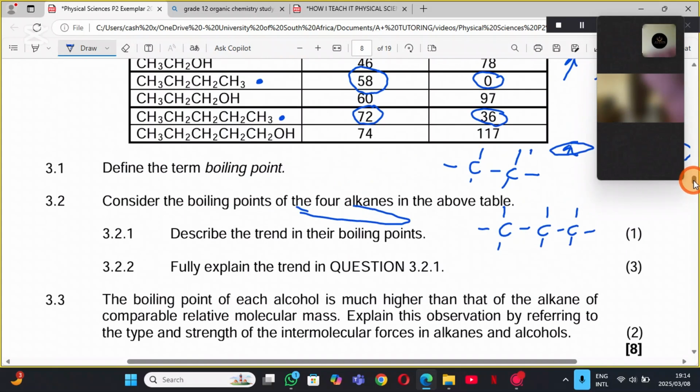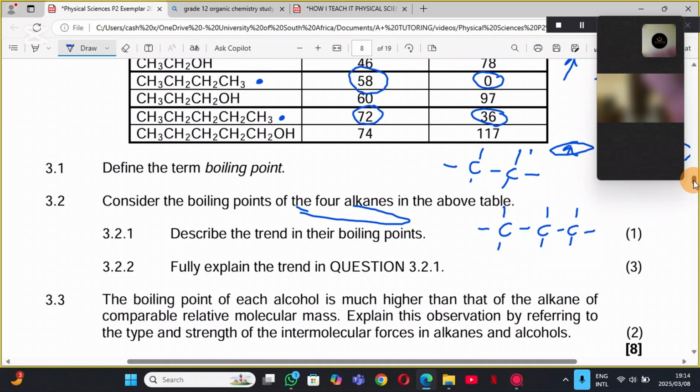And then now we have: the boiling point of each alcohol is much higher than that of an alkane of comparable relative molecular mass. Explain this observation by referring to the type and the strength of the intermolecular forces in alkanes and alcohols. So what are the types of force in alcohols?